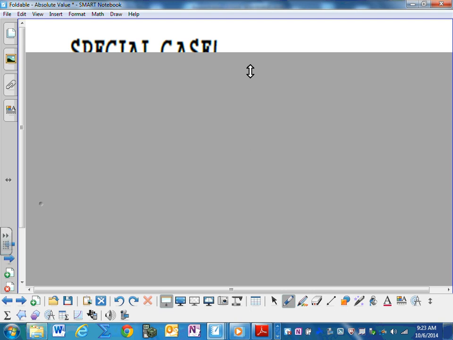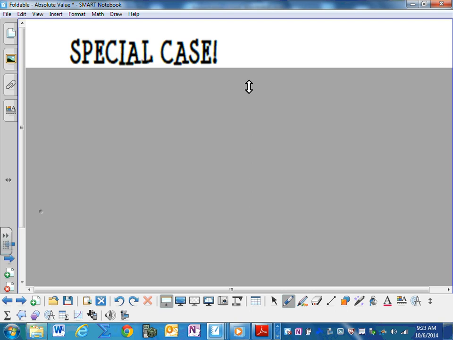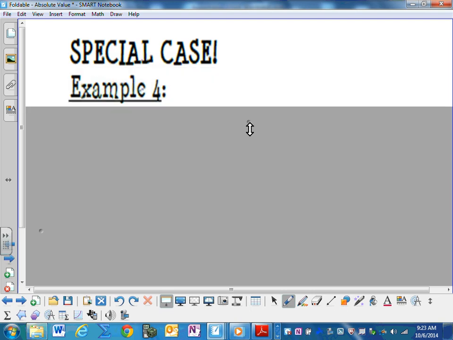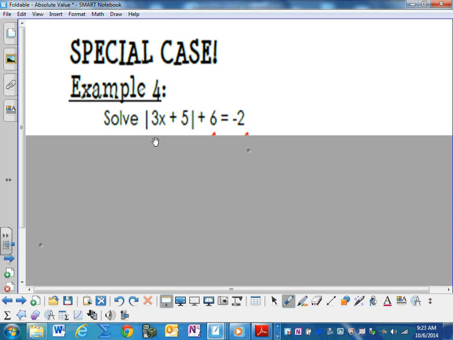So, with absolute value equations, sometimes we have what we call a special case. So here we have the absolute value of 3x plus 5 plus 6 equals negative 2. So in order to solve this, we need to isolate the absolute value. So we need to add negative 6 on both sides.